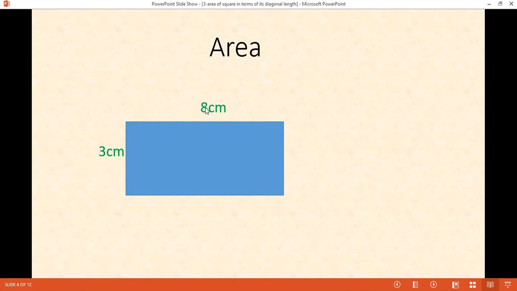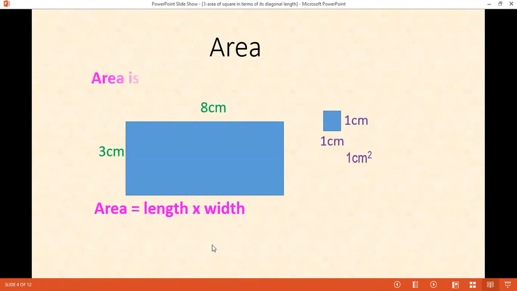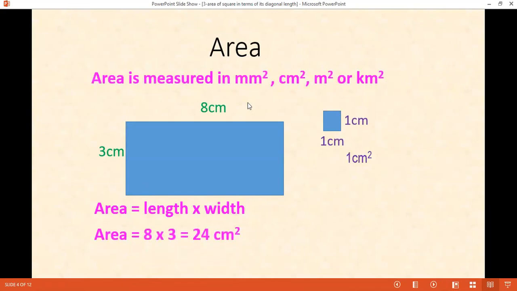Then the area is the measurement of the unit inside the shape. This shape is a rectangle, it has a length of 8 centimeter and a side of 3 centimeter. Area equals length by what?